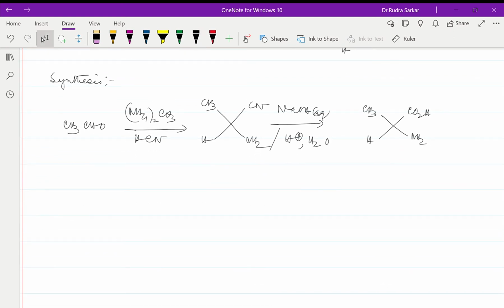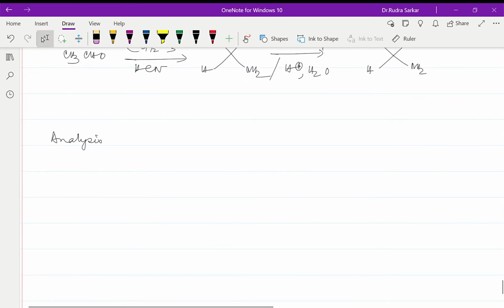The following can also be extended for the retrosynthetic analysis of another molecule, which is obviously, let's consider this one. And it is something like that.